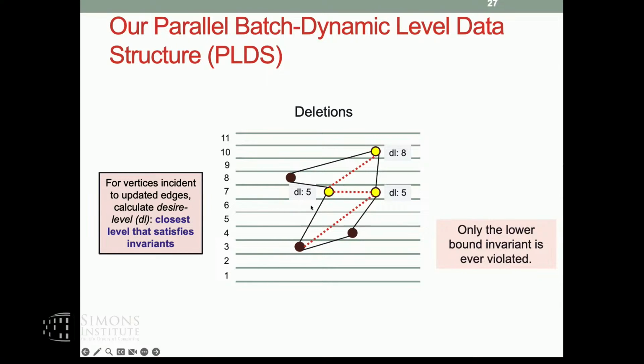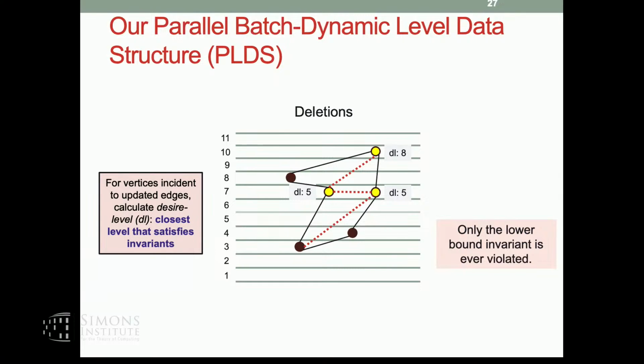So in this example, let's say the 3 yellow vertices are no longer satisfying their lower bound invariant. So I computed this desire level for these 3 yellow vertices. So the desire level is basically the closest level below that satisfies the invariant. So the 2 yellow vertices on level 7 now want to move to level 5. And then the yellow vertex at level 10 wants to move to level 8.